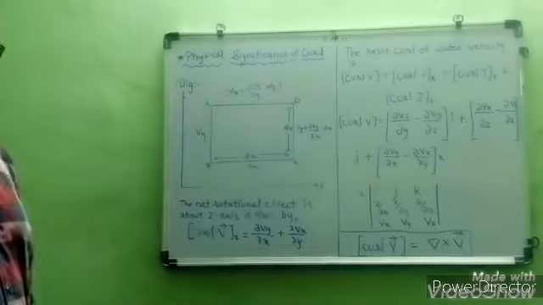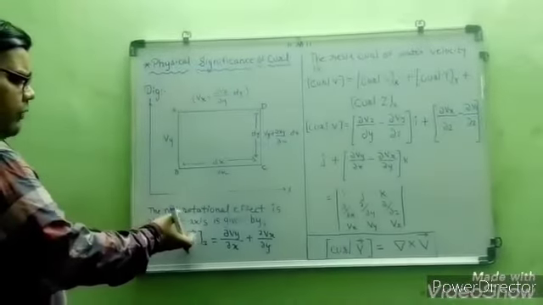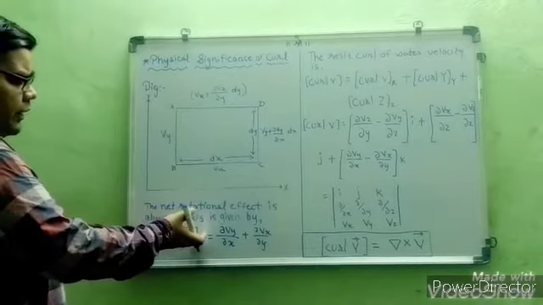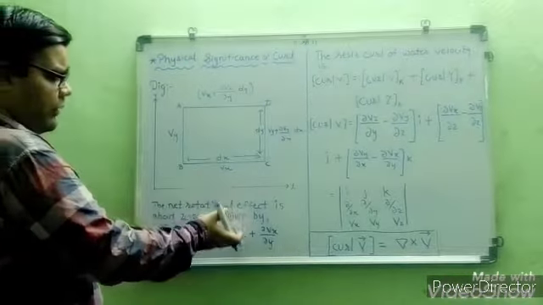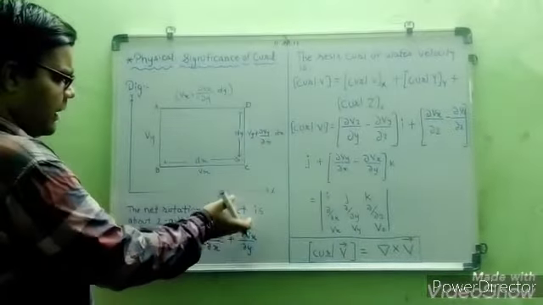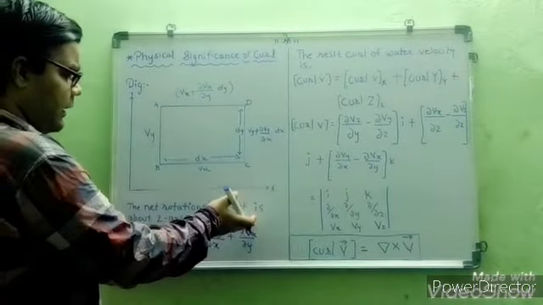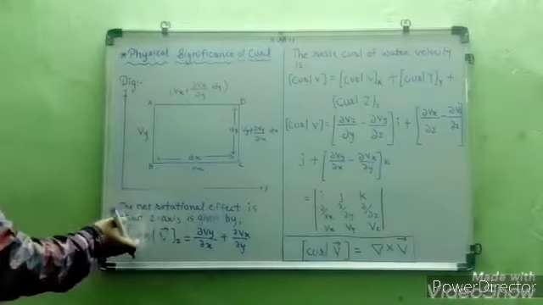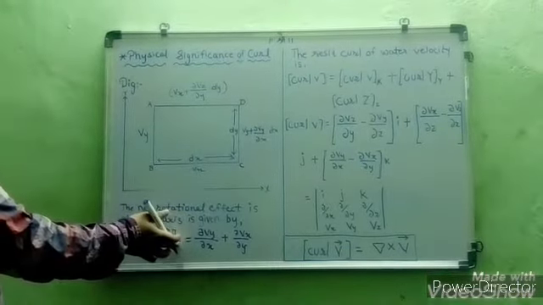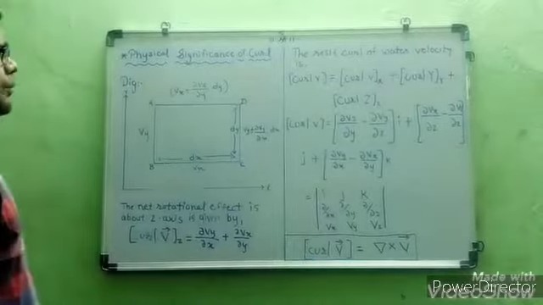Okay. So similarly, the curl of vector v of x equals del Vz by del y minus del Vy by del z, and similarly for z, y and x. Okay.